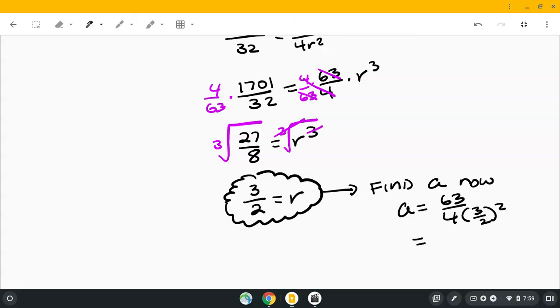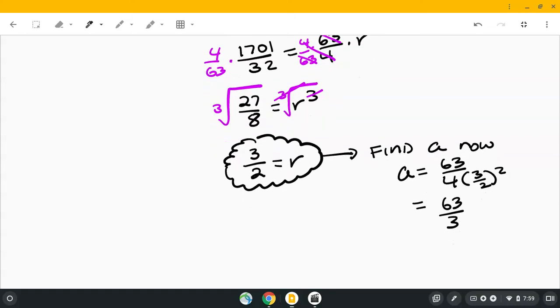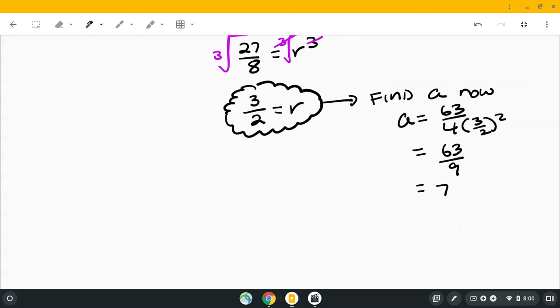So we get 63 over 3. Oops, 63 over 9, actually. Because the 2 squared is 4, so it'll cancel out with this 4. So I'm only left with 3 squared, which is 9. And so a equals 7. All right, so a equals 7.